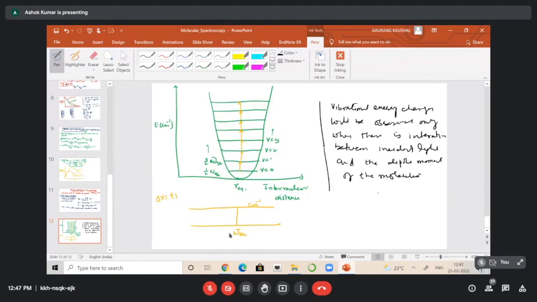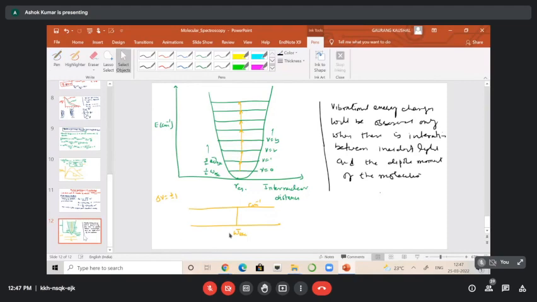So there must be some dipole moment in that particular molecule. It cannot be an H2 kind of molecule, where the two atoms are the same. There must be some asymmetry, so that there will be a dipole moment in that molecule.